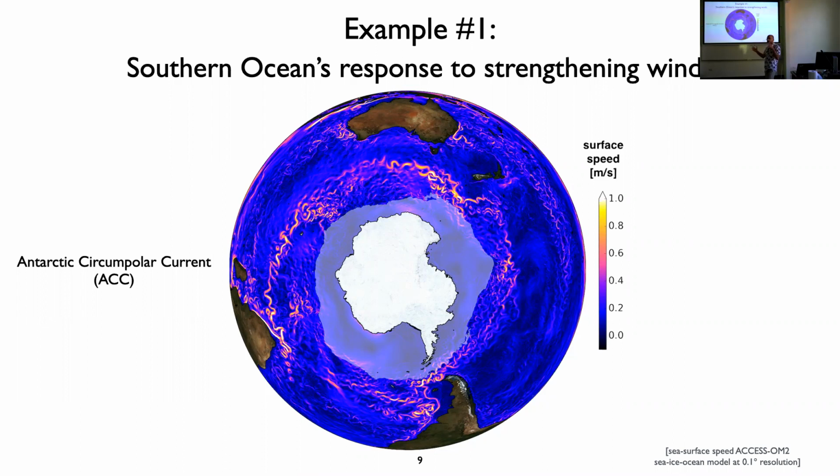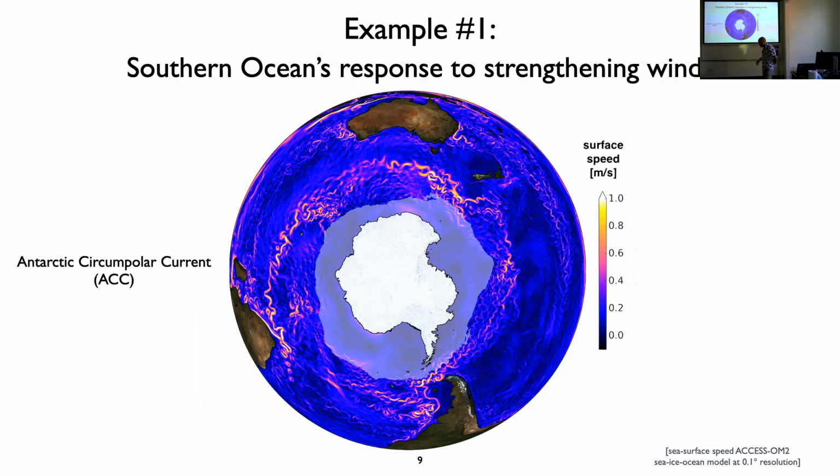Everywhere else, there's some continent that obstructs flow from going around the globe. So it's the only place that we can have a current that goes along latitude circles. This is the biggest current in the ocean. It connects all ocean basins.